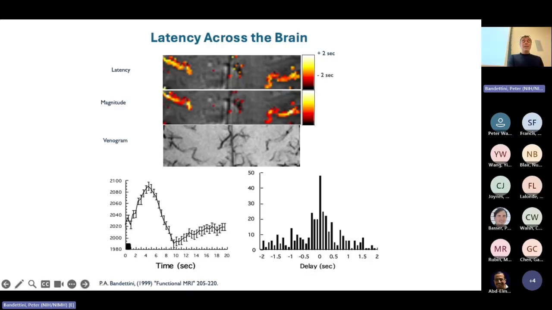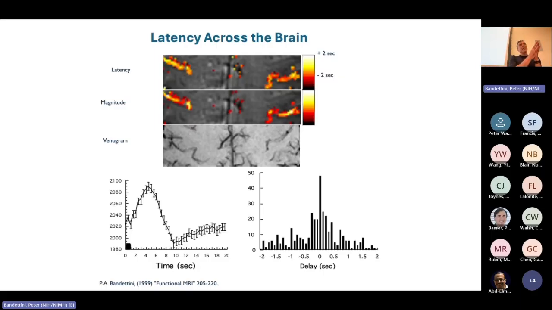And what we find is that if you plot the number of voxels versus delay, you see a plus or minus 2 seconds in the hemodynamic response. So that's 4 seconds of spread in onset time in the hemodynamic response due to the plumbing in the brain, not due to neuronal activity, due to purely plumbing.